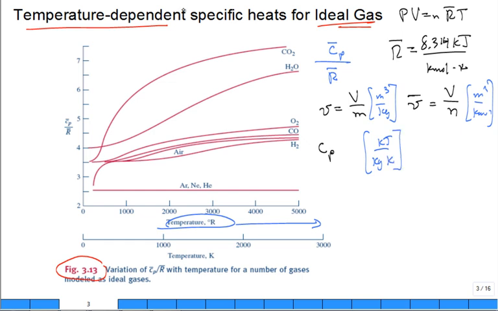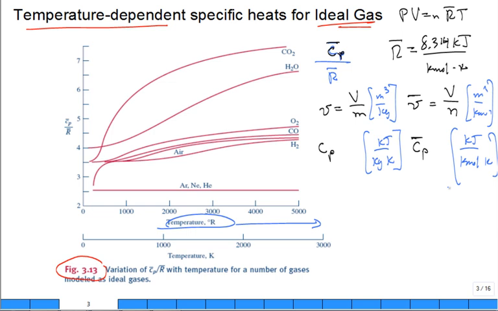And if I said, what are the units of C sub P bar, the one we're trying to understand right here, it would be what? Kilojoules per kilomole Kelvin. So instead of being per unit mass, it's per unit amount in kilomoles.